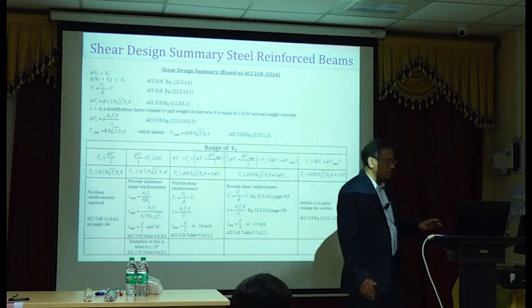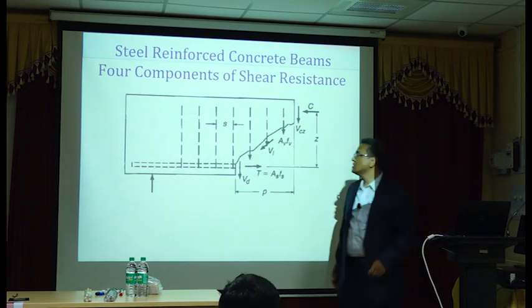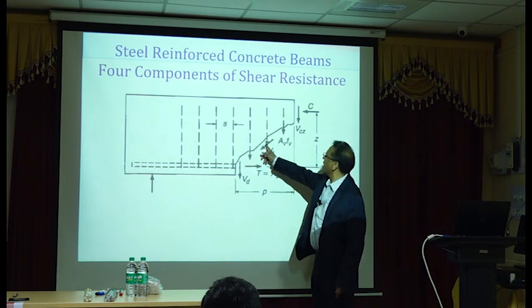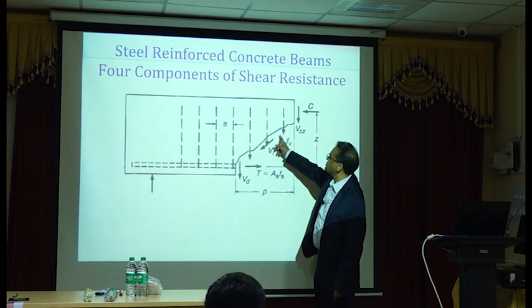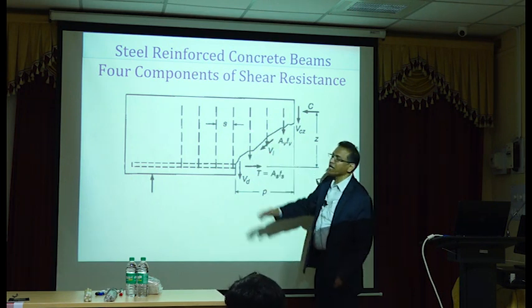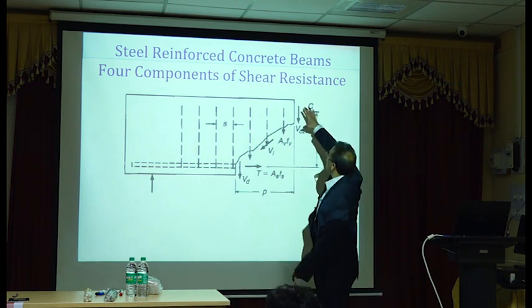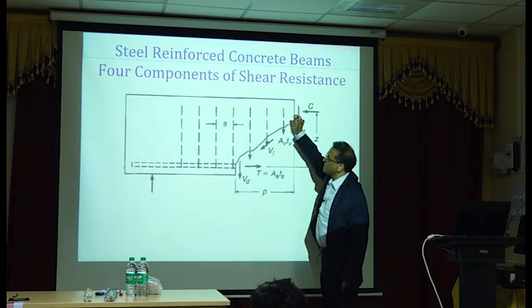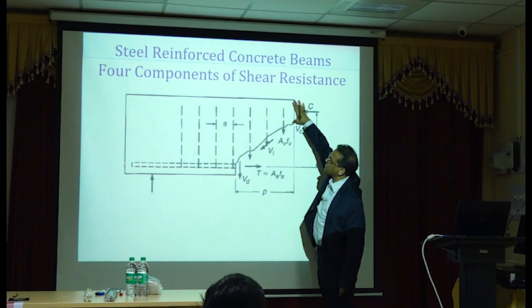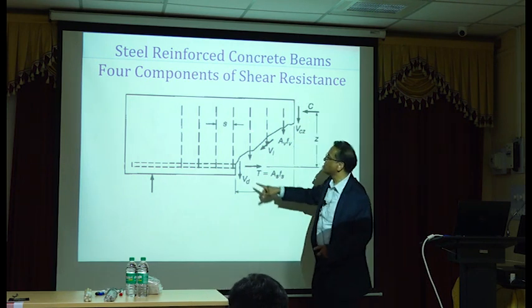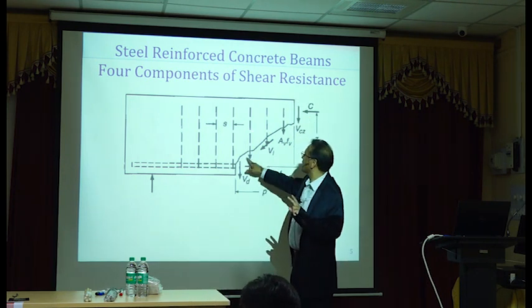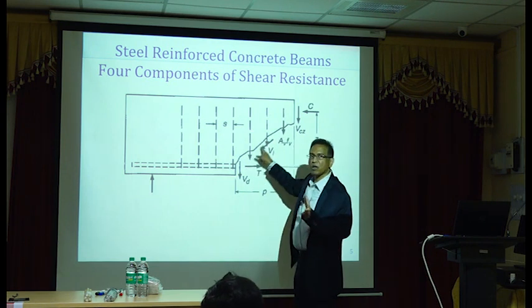First we will say what is the shear strength contribution from concrete. We will go back to this slide here. Everything other than these shear reinforcement contributions will be considered as V sub C. V sub C is because of shear transfer in this uncracked section, number 1. Number 2, dowel action. Number 3, aggregate interlock.